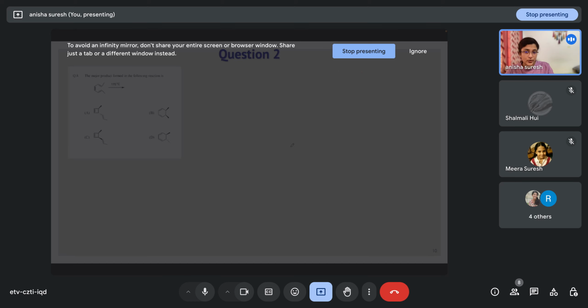So coming to the explanation, in case of hexatriene, the system will be 6 pi electron system, that is 4n plus 2 system, and here the temperature is given. So it is thermal condition. 4n plus 2 delta will be disrotatory mode of reaction.